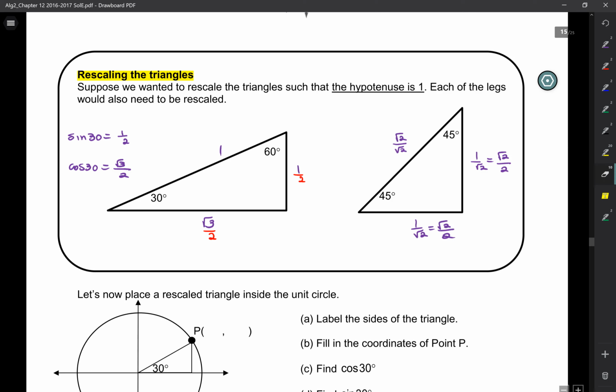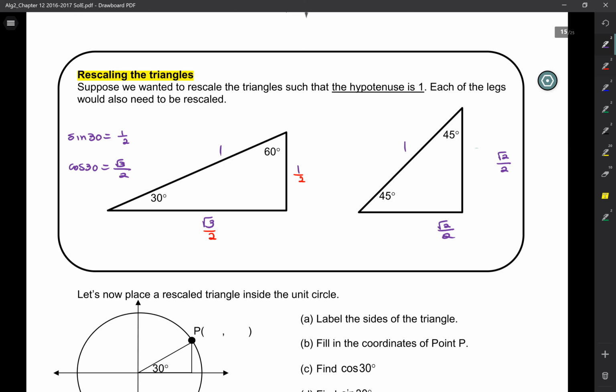So now watch what I'm going to do. And that's just the 1 in the hypotenuse. So let me erase all that other junk. And now I have this. So now that I have this, here's how I, Miss Malikian, will do this. Okay, I need to find the sine of 30 degrees.